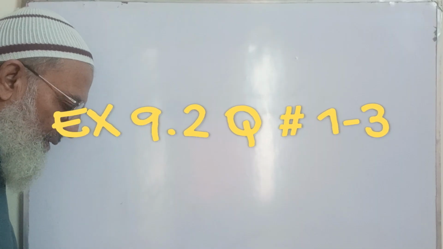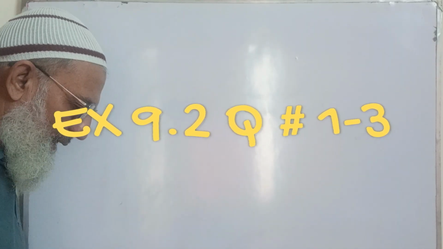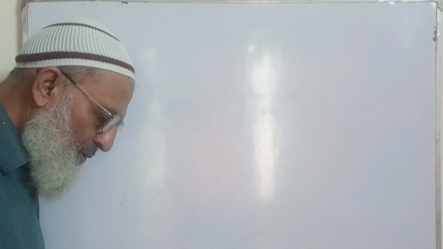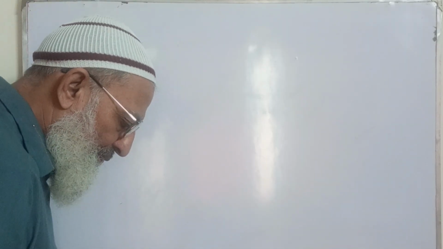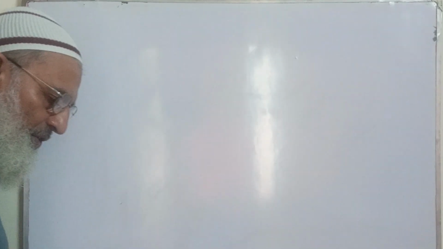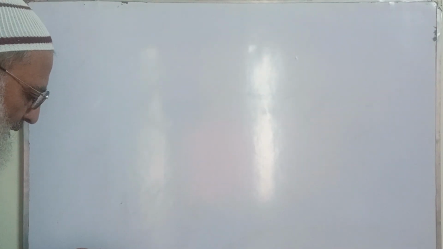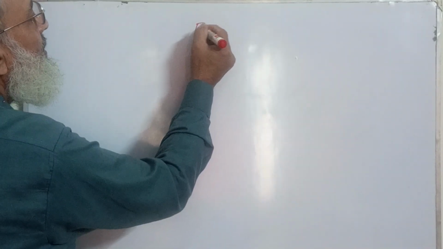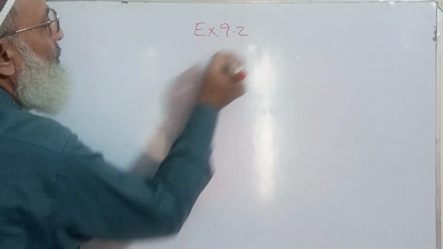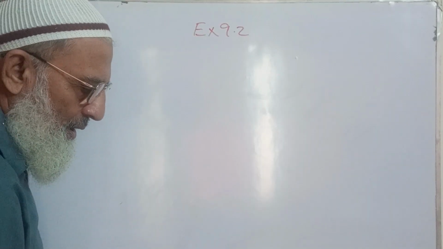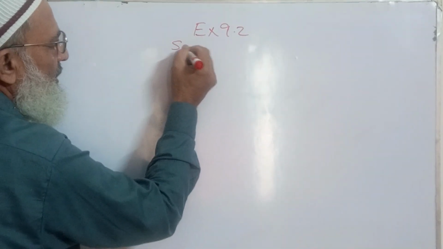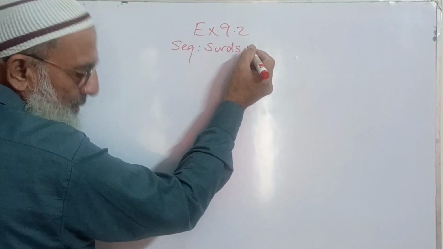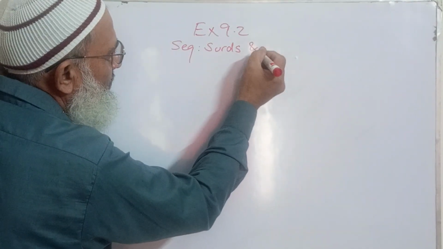Now let me start from exercise number 9.2: write down the next three terms in each of the following sequences. Exercise 9.2. Today's topic is sequences, searches, and sets.